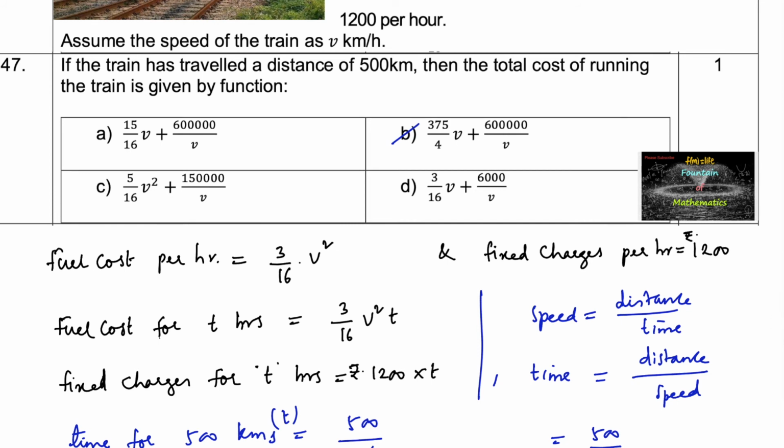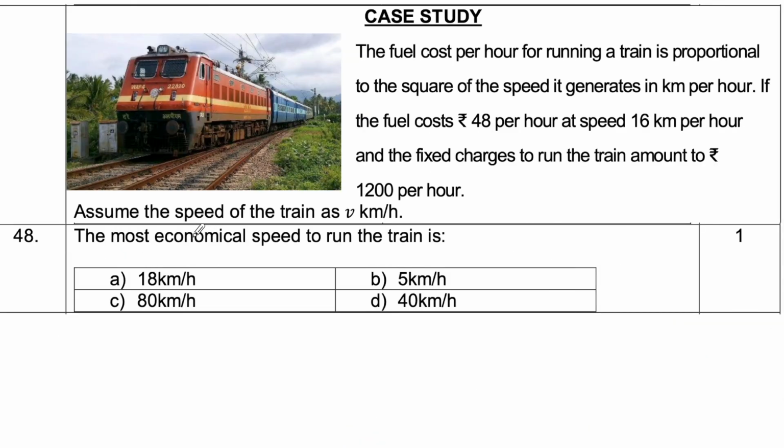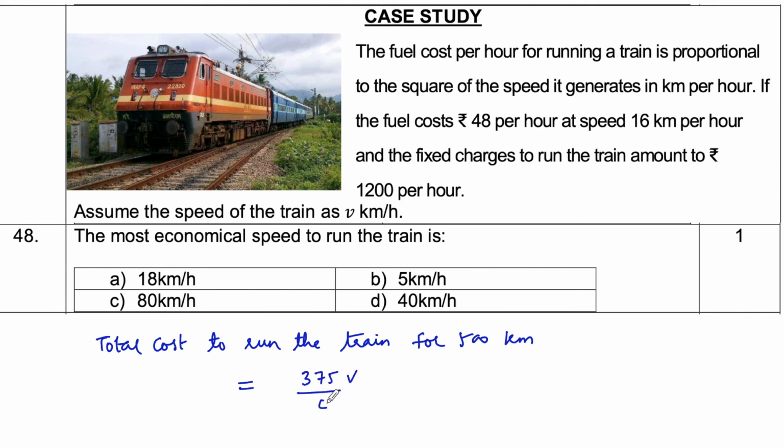Now let us see another problem. Now to find the most economical speed to run the train, since we know that for 500 kilometers we have the total cost to run the train, let us take, which is equal to 375 v upon 4 plus 6 lakhs upon v.